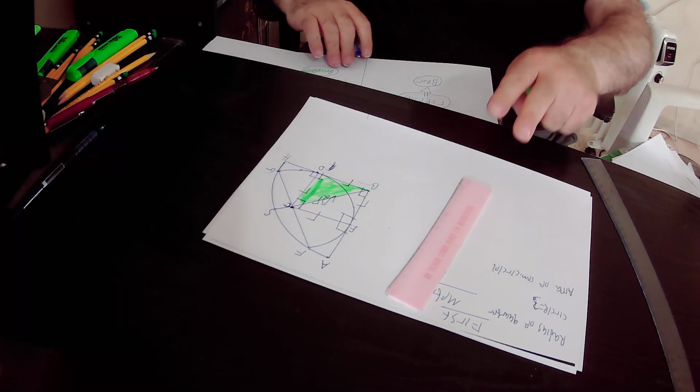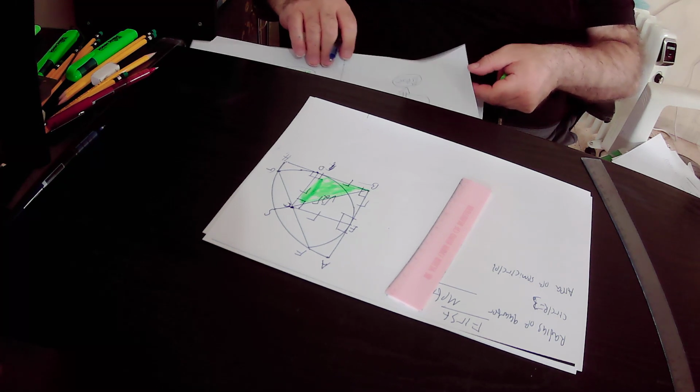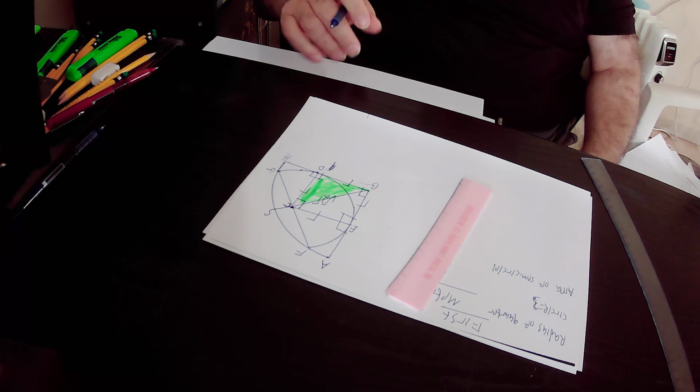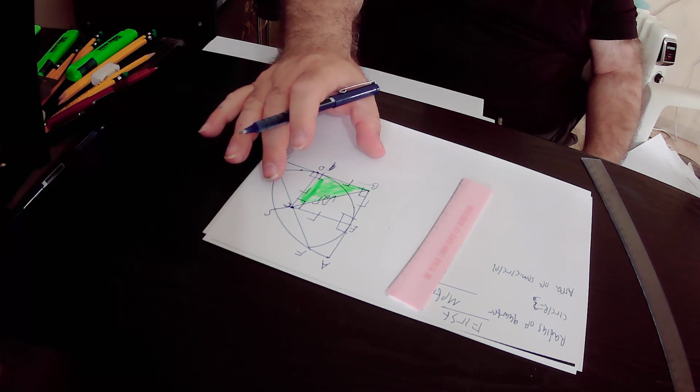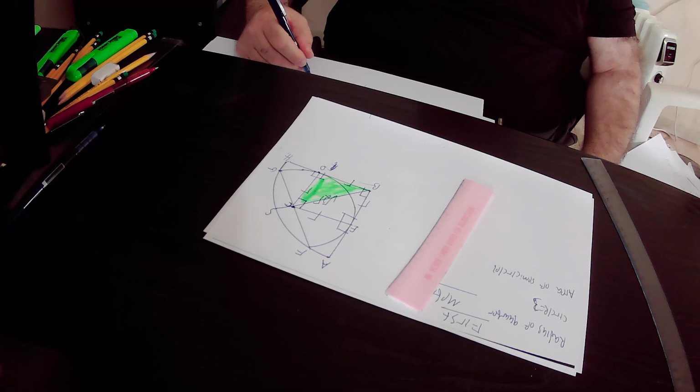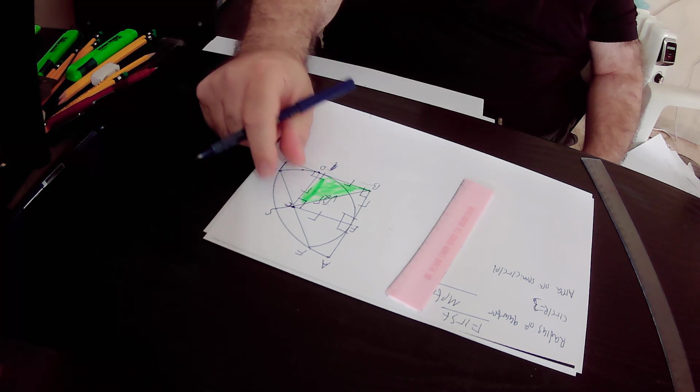The length of line segment CS will be equal to BS minus BC.